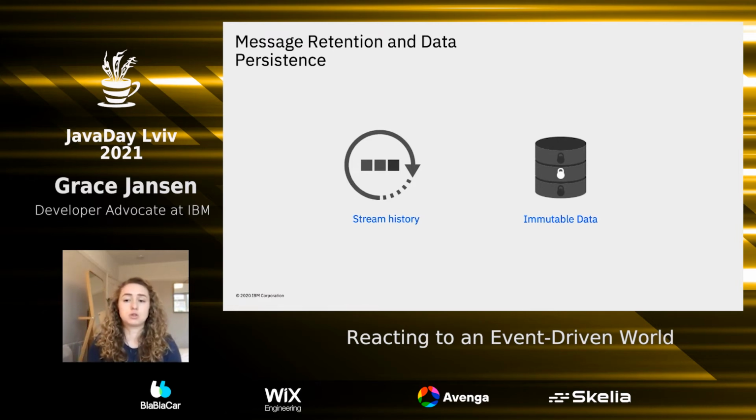This stream history is really useful for enabling consuming applications to recover from a potential failure. The stream history within Kafka allows applications to use the inbuilt Kafka features to recover from failures that occur potentially mid-processing, rather than requiring the application to use an additional persistent store to recover from that failure. So that immutable data and stream history can be really useful in enabling our application to be resilient.